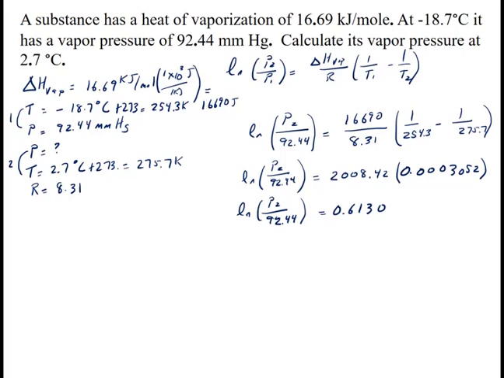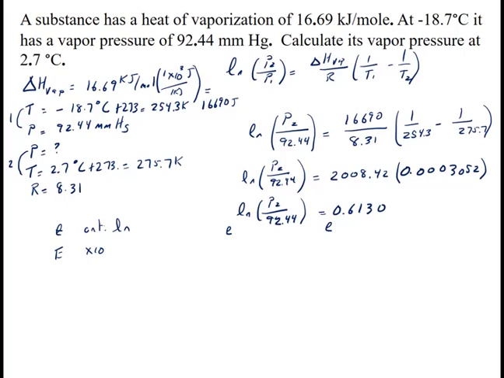The only way to get rid of a natural log is to take the anti-natural log, or e to the x, and I need to do that to both sides. The anti-natural log is not the same thing as times 10 to the x. On your calculator, if you look at the blue above the natural log, you see that that's e to the x, and that's the button that I push.